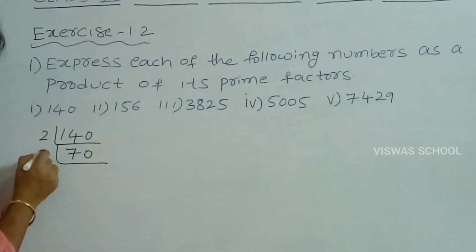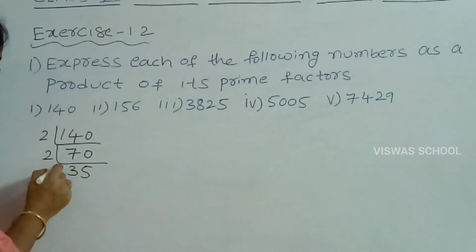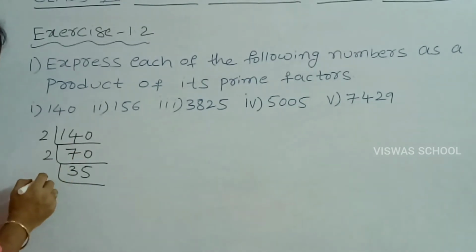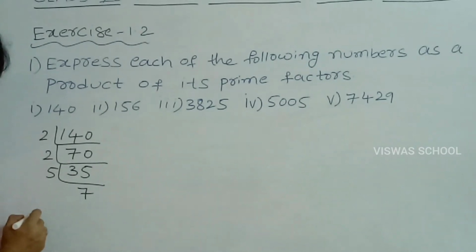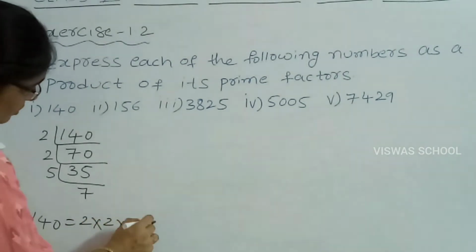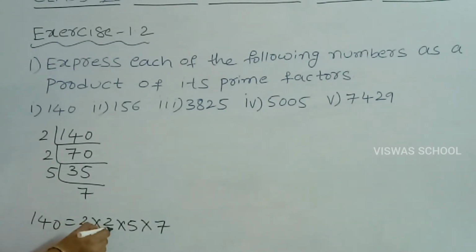And next, 2 3s are 6, remaining is 1, 2 5s are 10. And next, 5 7s are 35. That is, 140 is equal to 2 into 2 into 5 into 7. That is how you write this.